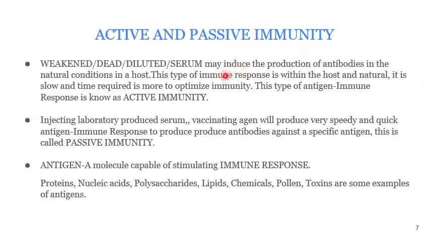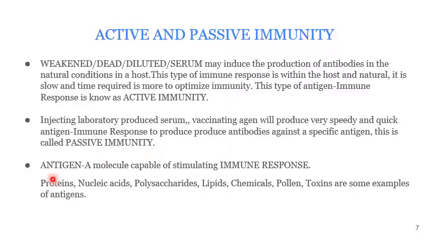Whatever I explained to you as active immunity, that is the natural one, present in your own body. Passive immunity refers to the injection of weakened, dead, and diluted serum into the body from the laboratories, which is sometimes called vaccination or immunization, and that will produce the passive immunity.